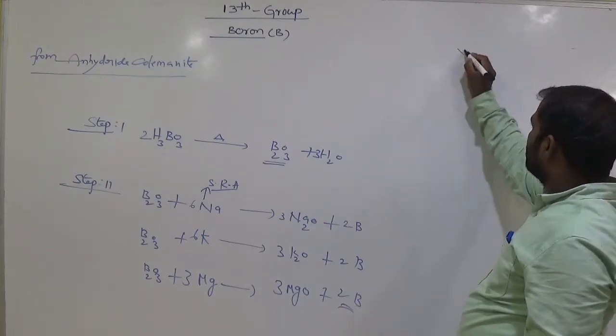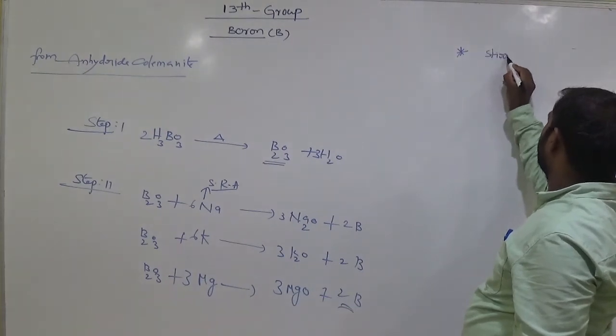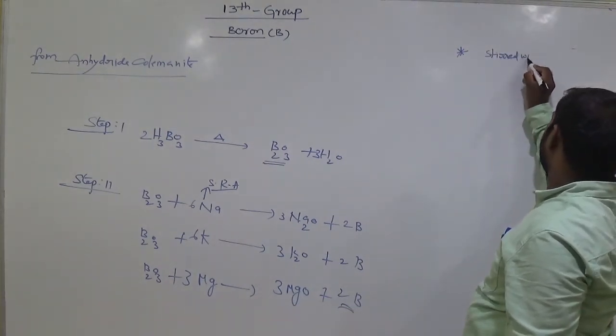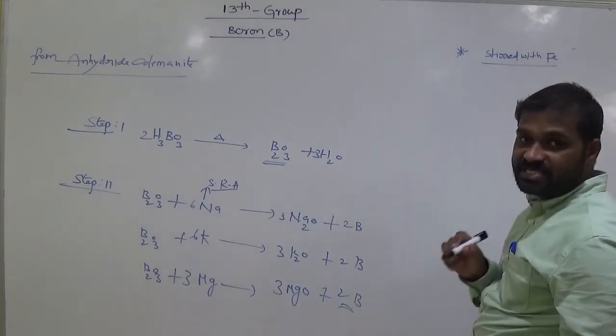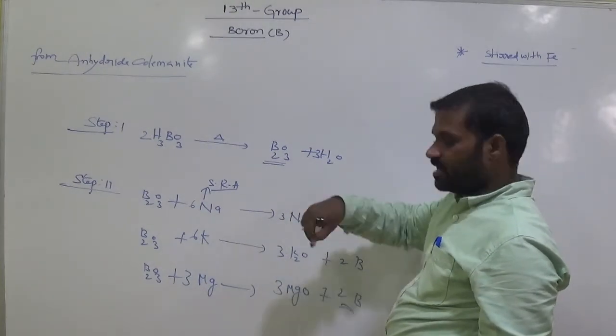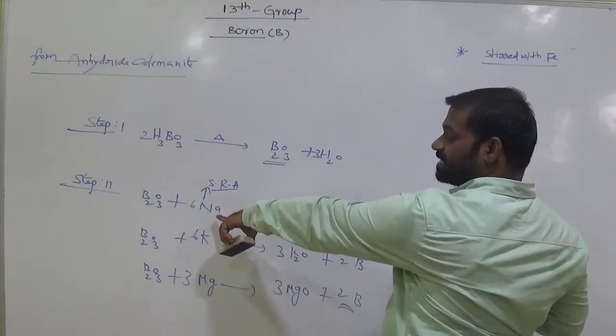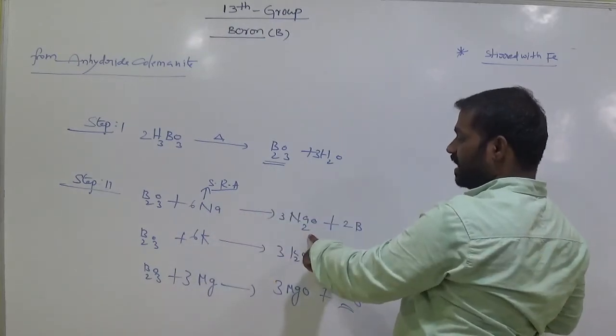So now stirred with iron. Why do we stir this mixture with iron? If there is any unreacted sodium with B2O3, it is completely converted to Na2O.